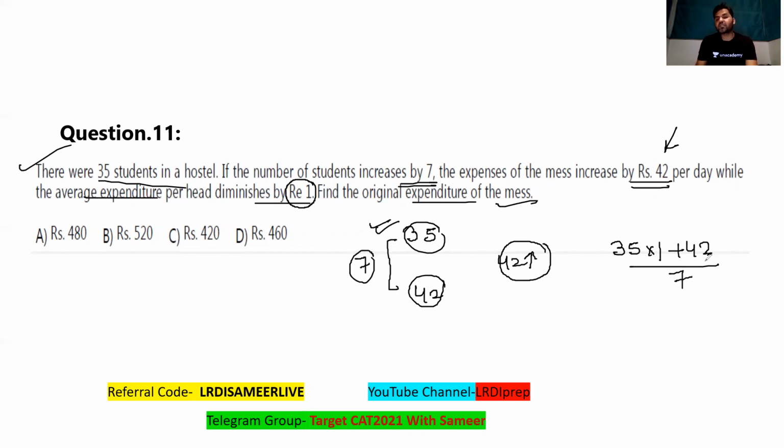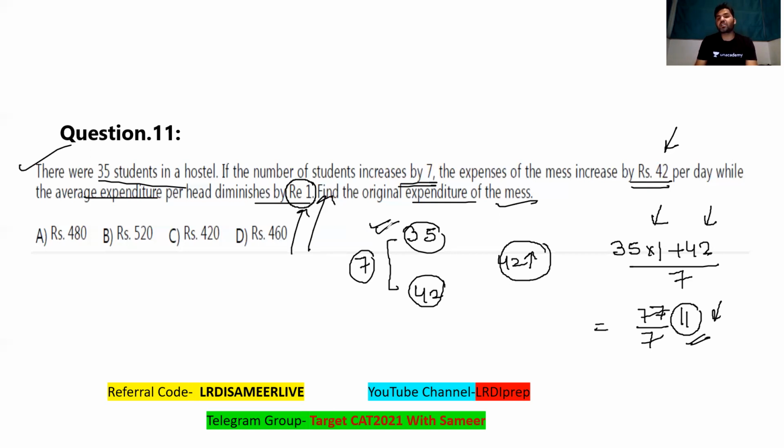That means these 7 students are doing the expenditure of 35 rupees plus the increased expenditure of 42. That means these 7 students are taking care of the expenditure of 77, that gives you the new average of 11, and this new average of 11 is one less than the previous average.